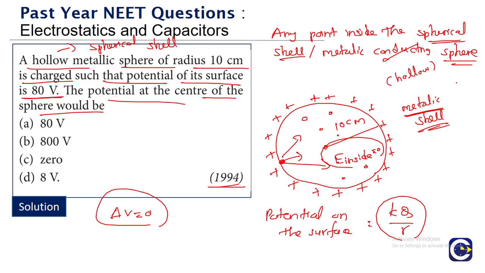Sphere means you will have material inside the volume also. But if it is a metallic or conducting sphere, in that case also the same phenomenon. Electric field inside is zero, means potential on the surface will be equal to the potential at each and every point inside. Not just the center, but each and every point inside. They're asking potential at the center of the sphere. It will be the same as the potential on the surface, which is 80 volt.